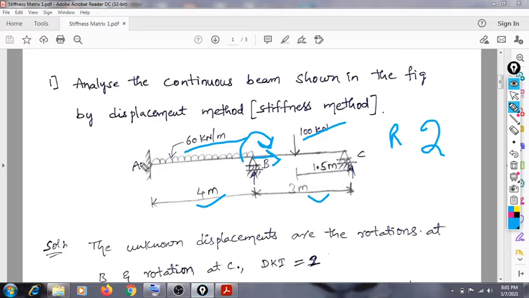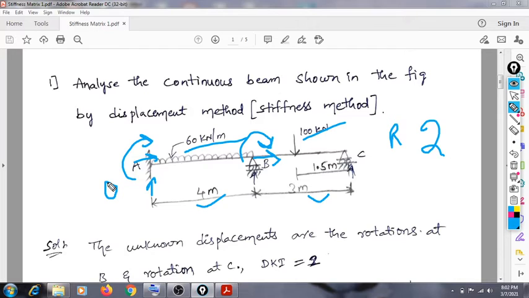Whereas for a fixed support, as we know, there are 3 reaction components, so it cannot move forward. There is no freedom for a fixed support to move forward, and no freedom to move upwards, because a reaction is already there, and it cannot rotate. So the degree of freedom for a fixed support will be 0.